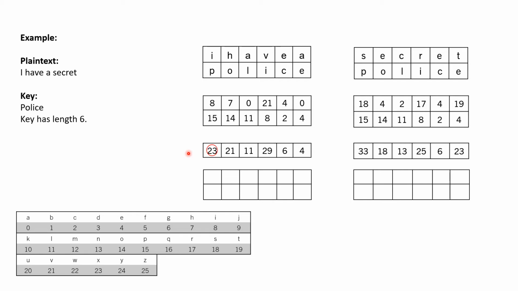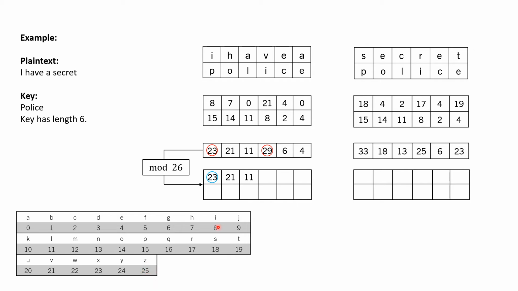So starting from 23, we ask ourselves, what is the value of the remainder when we divide it by 26? The answer is 23 again, because it's between 0 to 25. We don't need to do anything. Similarly, 21 and 11, same idea. But now number 29. 29 is greater than 25, which is the highest value that we have in this table, which is fine.